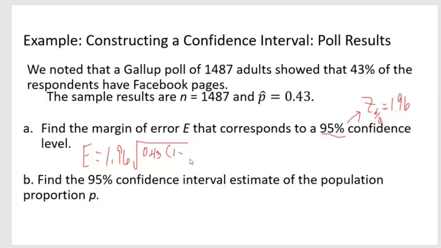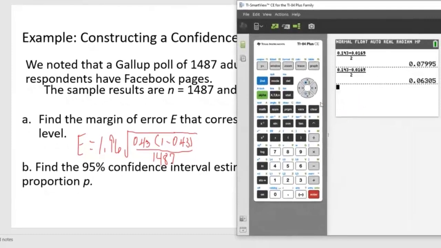I think that's 0.57, but I'm just going to put 1 minus 0.43. And then we're going to divide all of that by n, and n was 1487.